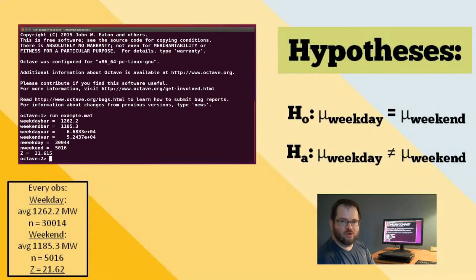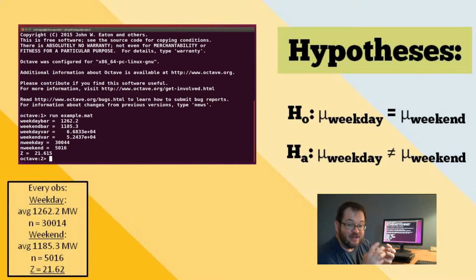Well, we're way out beyond 1.96. We're at 21.62. Wow, we're way out in the tail of the distribution here. We can definitely reject that null hypothesis. I mean, good grief, we used the 95% level. We could have used the 99% confidence interval. I think, if I remember right, the critical value of Z corresponding to a 99% confidence interval is 2.57.